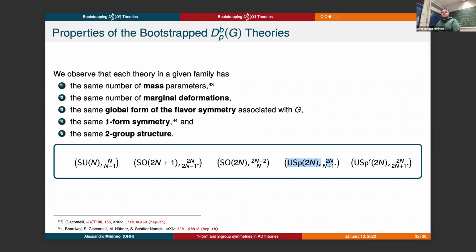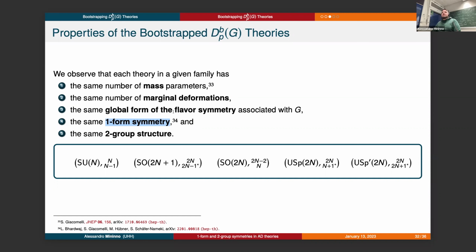The one-form symmetry being invariant under Higgs branch flow can also be studied, and one can convince oneself that one can obtain the one-form symmetry, but we will see it in maybe one example.